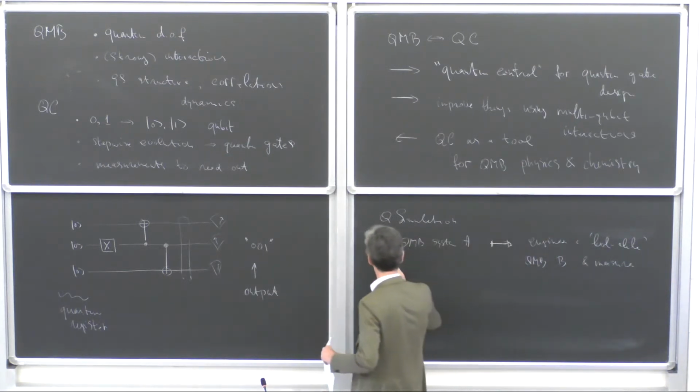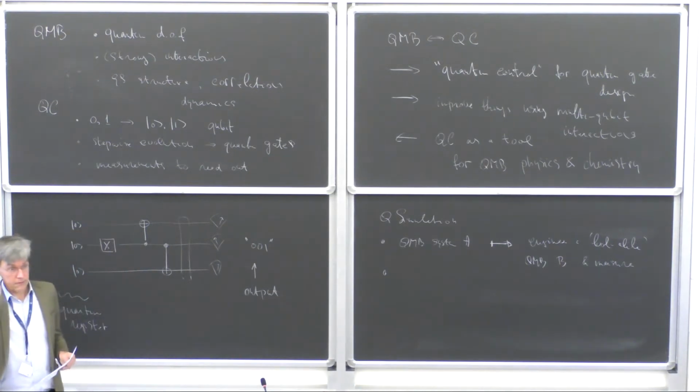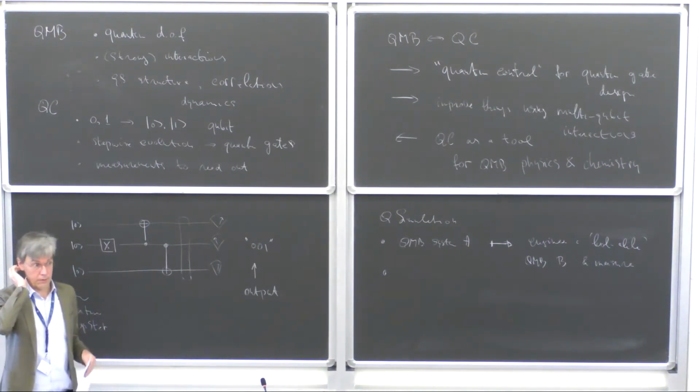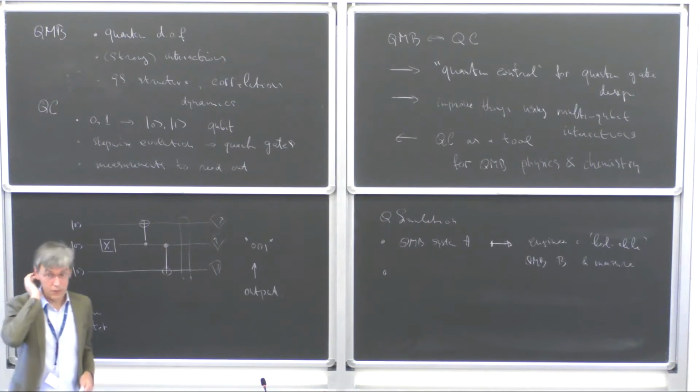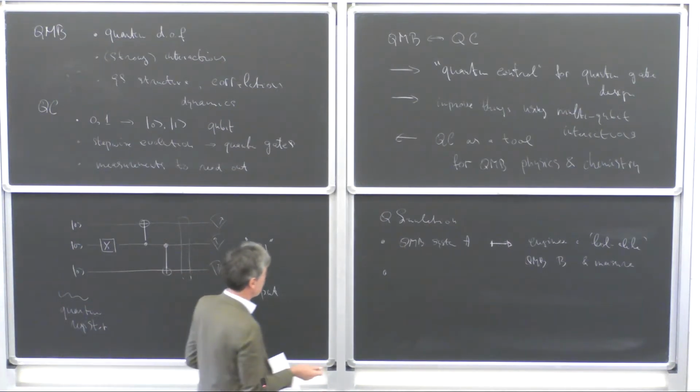You could also say, a slight variation of this is from the point of view of theory. So suppose there is some model Hamiltonian, that's again 2D Hubbard, which is very difficult. We don't quite know what it does. You can imagine simulating that.